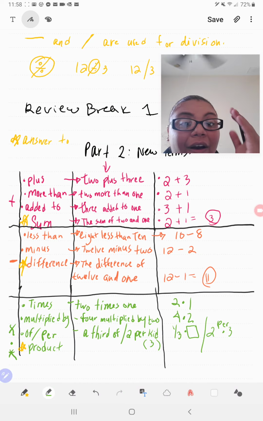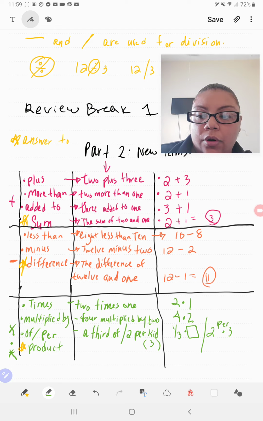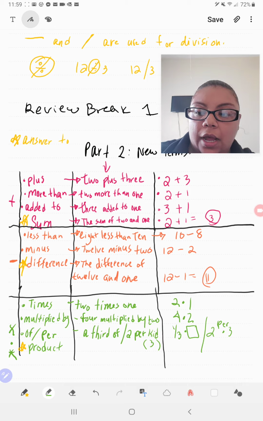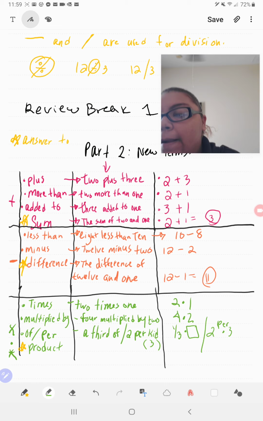Okay, so a third of, the word of means you're going to multiply when it comes to a fraction. And 2 per or 3 per child. If there's 3 kids, you do 3 times 3, so on and so forth.